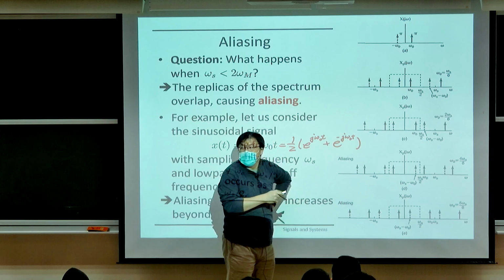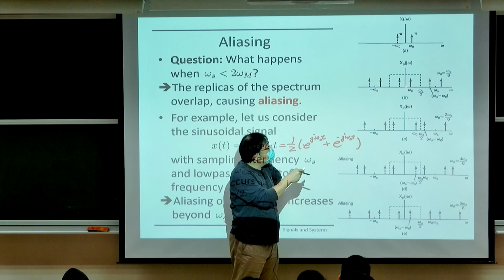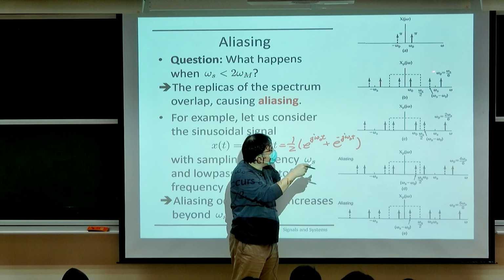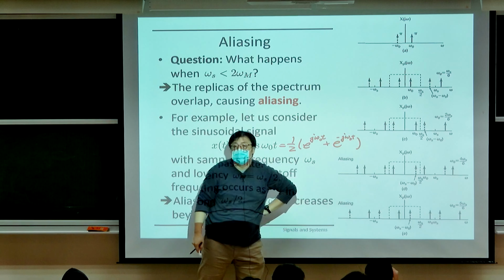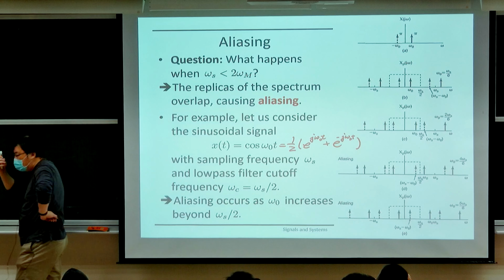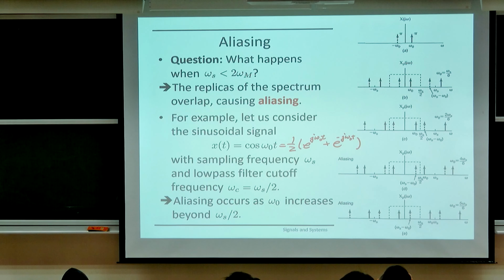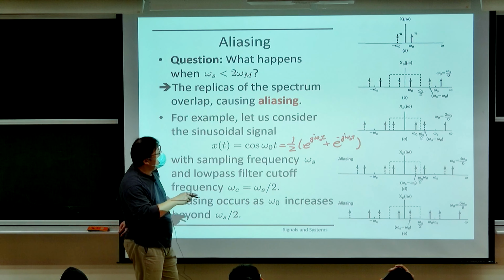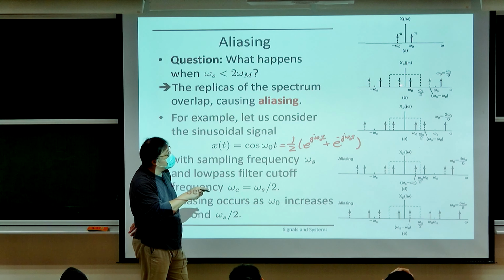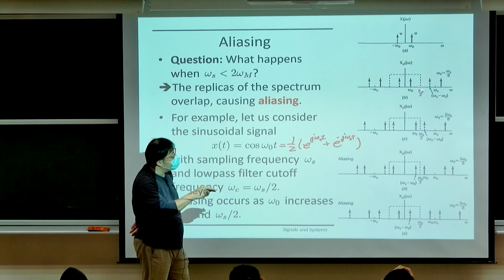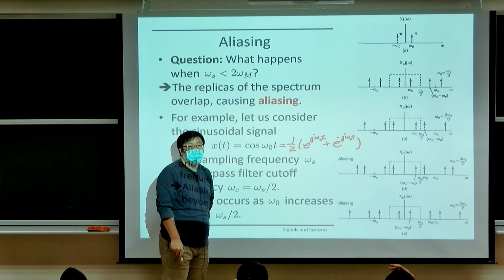If omega s is large enough, there is clear separation between adjacent replicas. When there is clear separation, you can reconstruct the original sinusoid by just imposing a low-pass filter on top of xp.